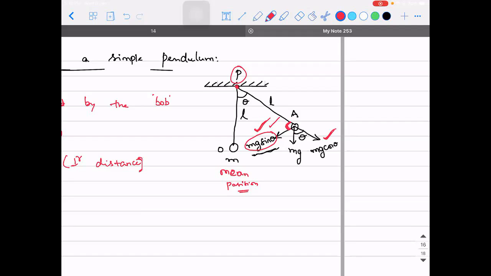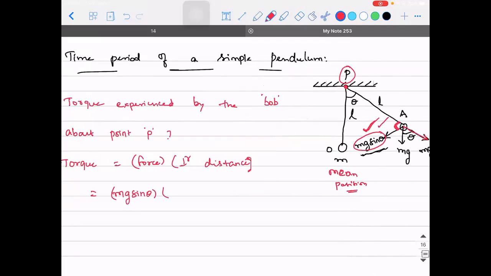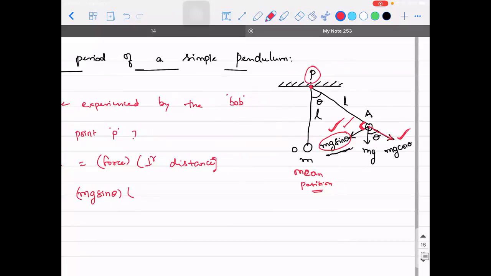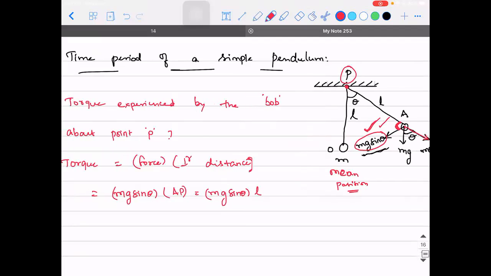When mg cos theta is along the length, then mg sin theta will be perpendicular to length. So what is going to be the perpendicular distance from mg sin theta to point P? It is AP. That is nothing but mg sin theta multiplied with L. Guys, am I clear? Yes, sir.